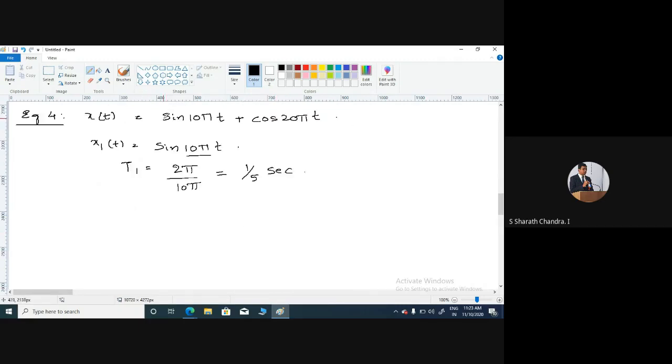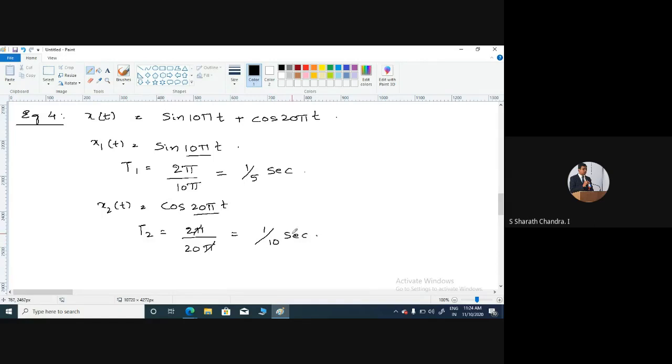Similarly, x2 of t is cos 20 pi t, and the fundamental period in this case T2 is equal to 2 pi by omega. Omega in this case is 20 pi, therefore 2 pi by 20 pi, which is equal to 1 by 10 seconds.